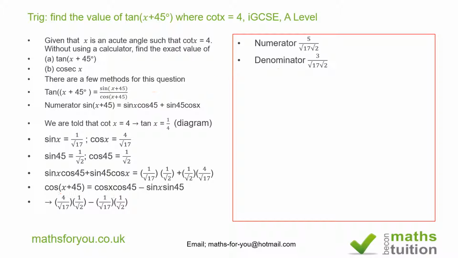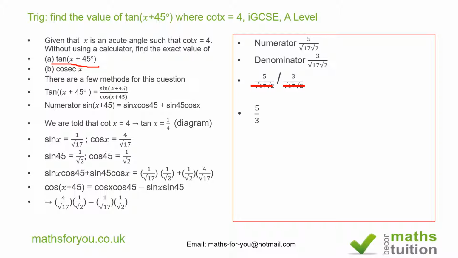Now again, this denominator is the same as this one here. So when we divide that by this one, the denominators will cancel out. So the answer we require for this is 5 divided by 3.